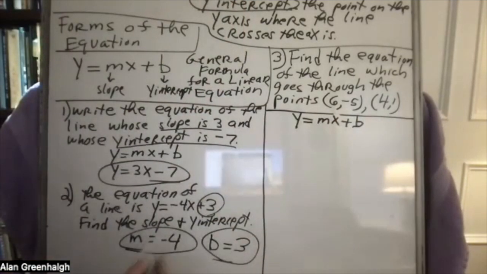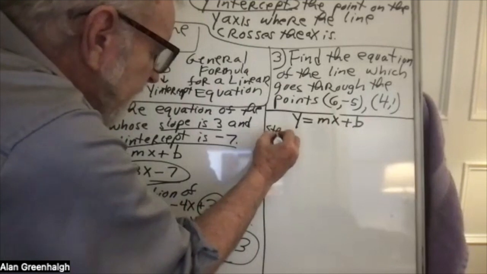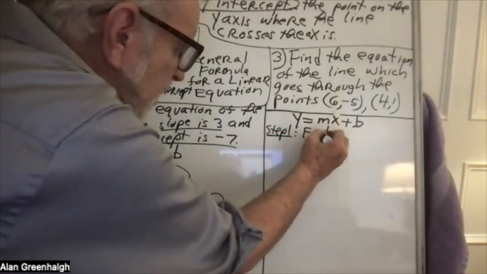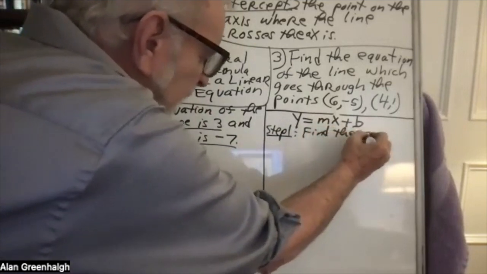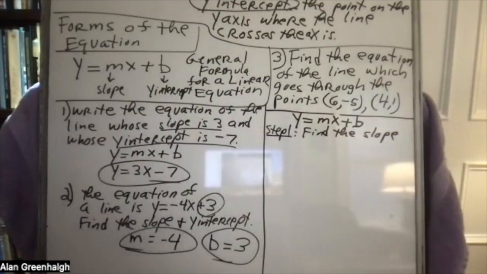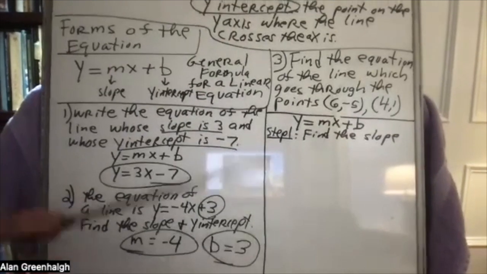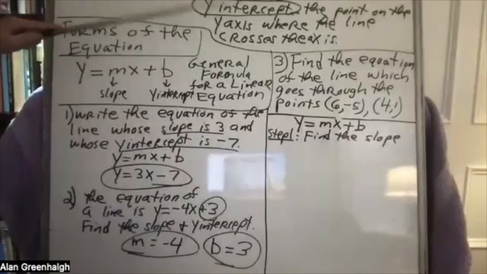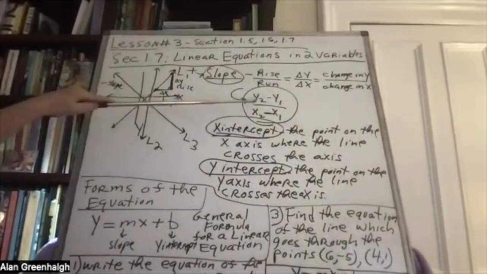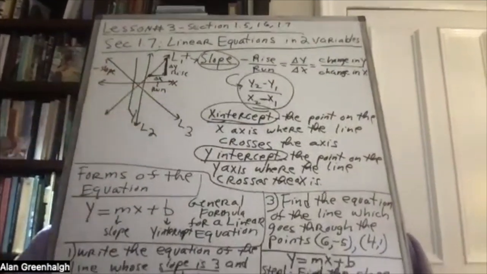And the first thing we do, step 1, is to find the slope. How do you find the slope? Well, remember, I'm going to take you away from this for just a moment to go up here. Here's the slope formula: y2 minus y1 over x2 minus x1.